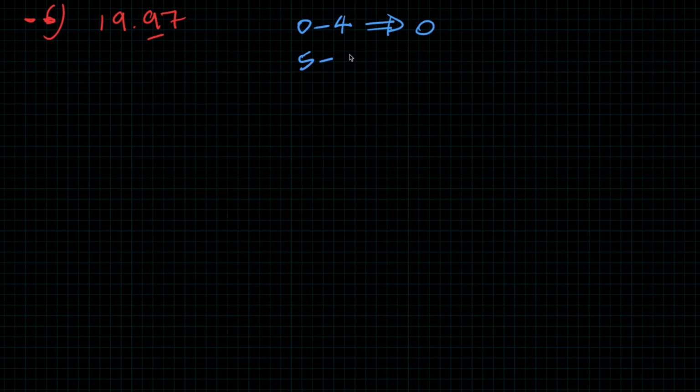But from 5 to 9, rounding off means we bring 1 to the next place. So here 5 to 9, rounding off is 10, that's why we need to bring 1 to the next place. So here 7 rounding off will be 10.